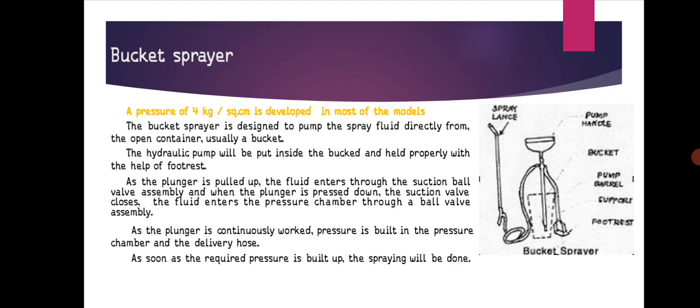As the plunger is pulled up, the fluid enters through the suction valve assembly, and when the plunger is pressed down, the suction valve closes. The fluid enters the pressure chamber through a ball valve assembly. As the plunger is continuously worked, pressure is built in the pressure chamber and the delivery hose. As soon as the required pressure is built up, the spraying is done.